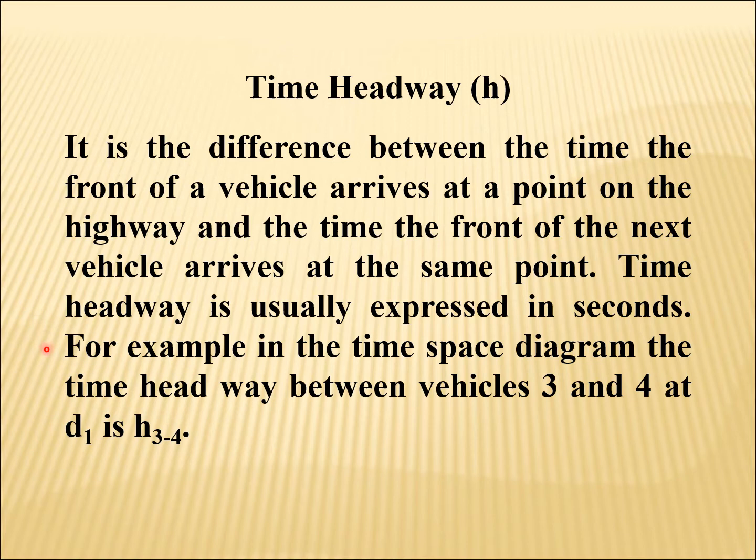Now look at the time-space diagram again. For example, in the time-space diagram that I have already shown, the time headway between vehicles 3 and 4 at D1 is h sub 3-4.